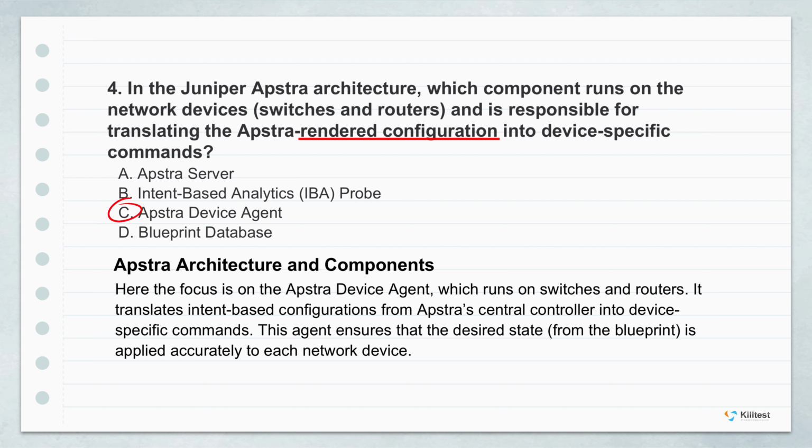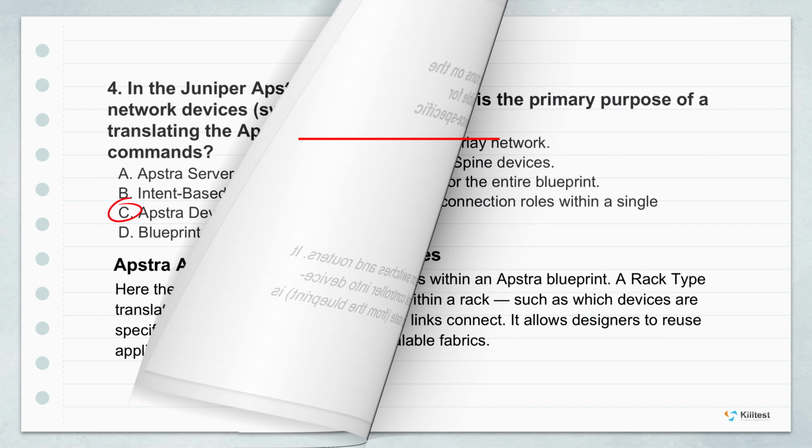So it's a closed loop. It checks if reality matches the plan. Exactly. It ensures idempotency, making sure the device state is what the intent says it should be. And if there's drift, the agent helps Apstra detect it and potentially correct it. It's fundamental to the whole IBN promise. That makes sense. The agent is the eyes and hands on the ground, reporting back to the brain.